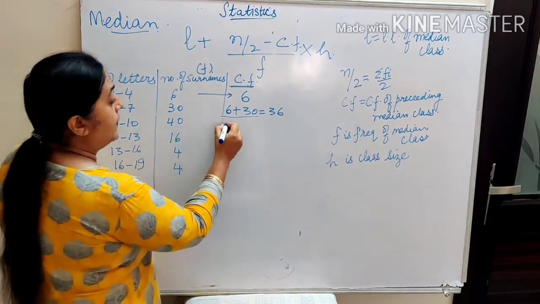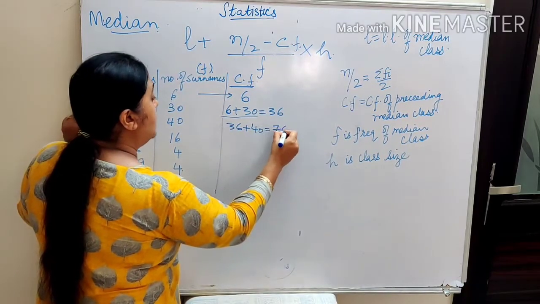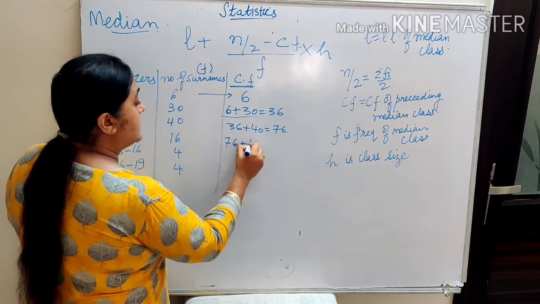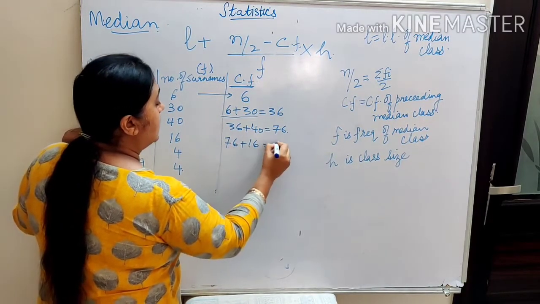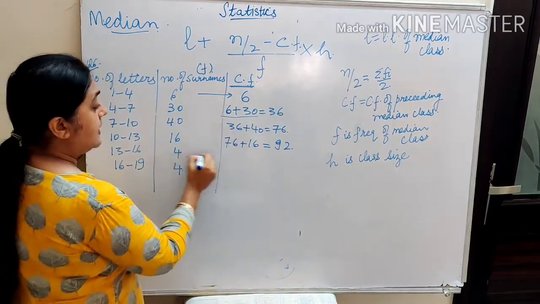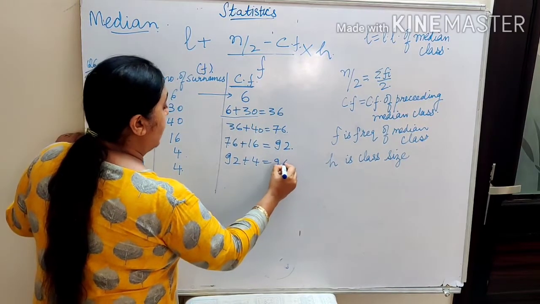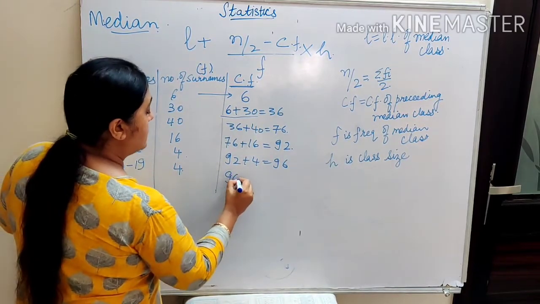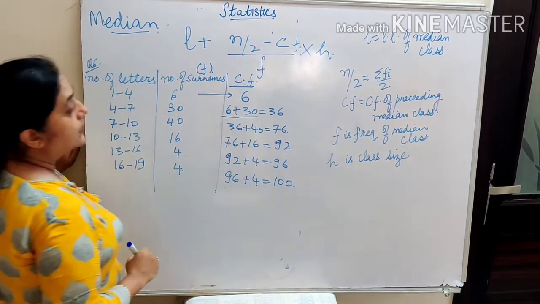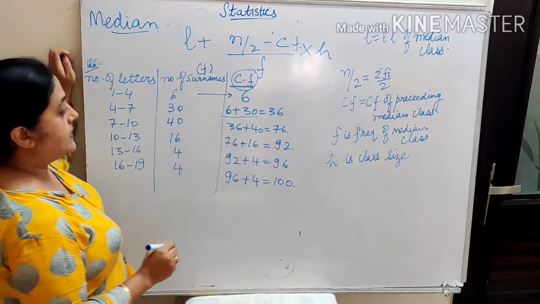Now when I come to the third interval, it is 36 plus 40, which comes out to be 76. Next is 76 plus 16, which comes out to be 92, right? Now next is 92 plus 4, that is 96, and the last one is 96 plus 4, equal to 100. So this is the way to calculate cumulative frequency.